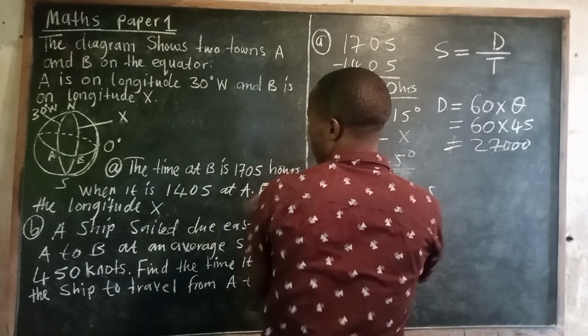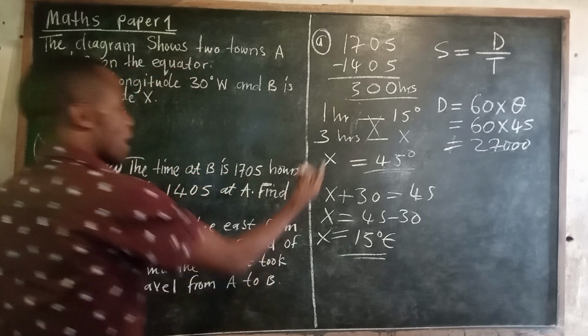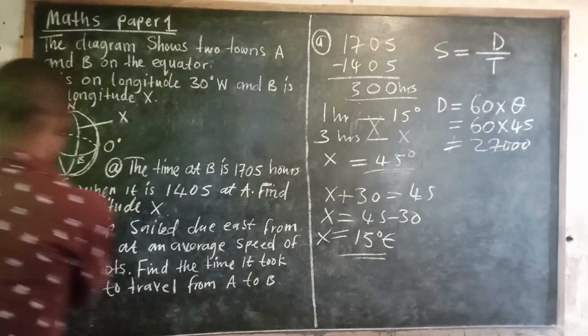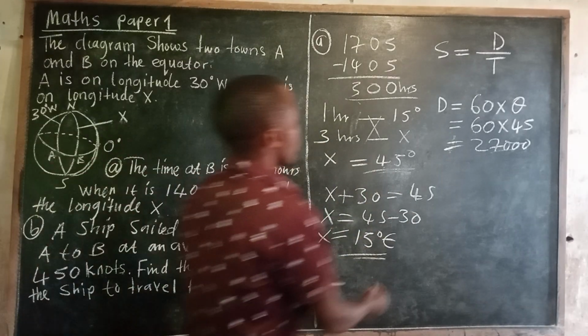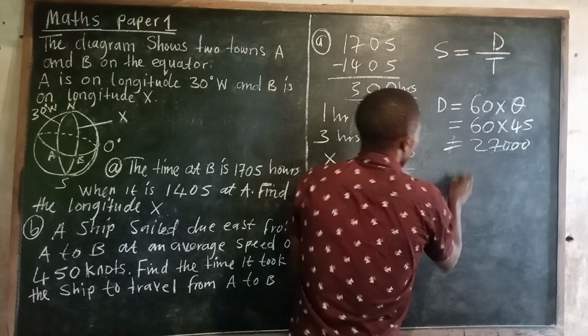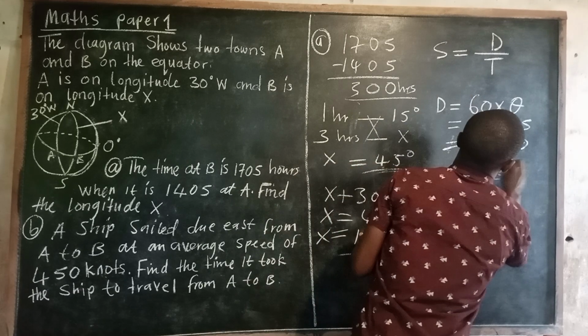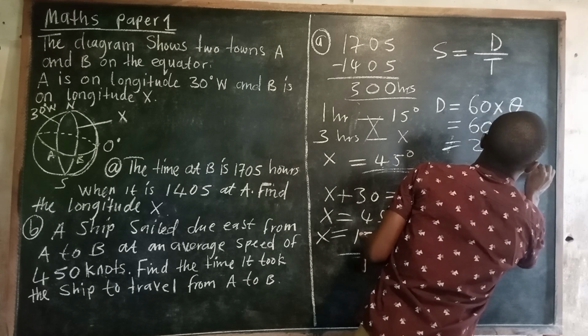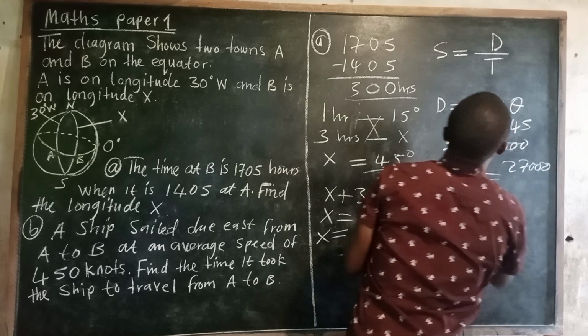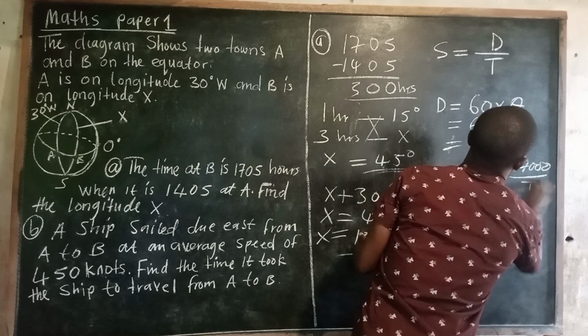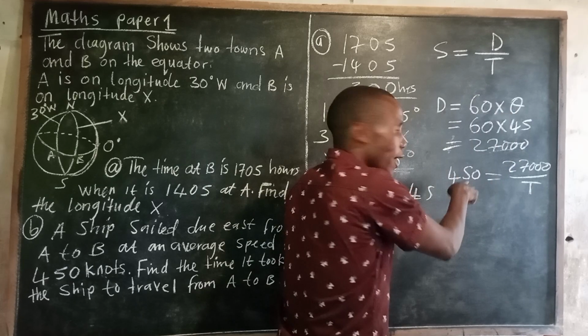So let us substitute according to the values that we have. So there, distance we have found 27,000, then the speed we are given 450. So we are going to say speed, we put 450 equals distance 27,000. Okay, then over time, we are calculating for what? For time.